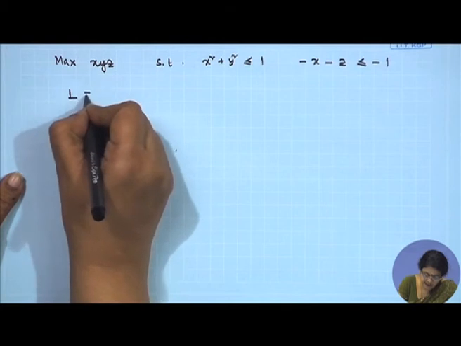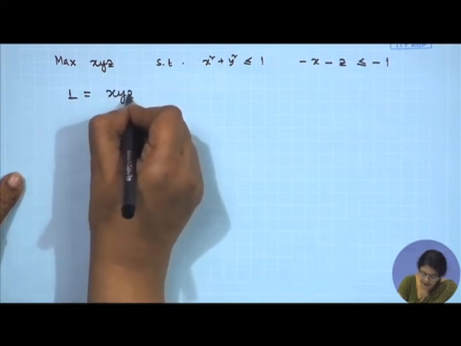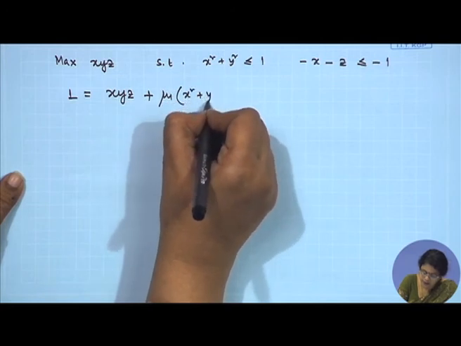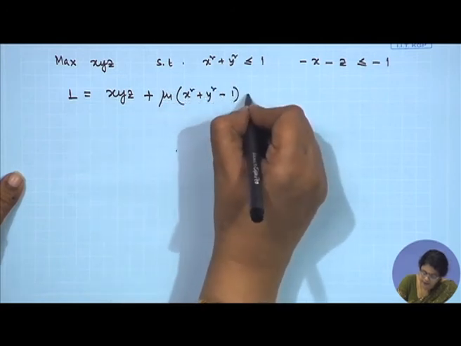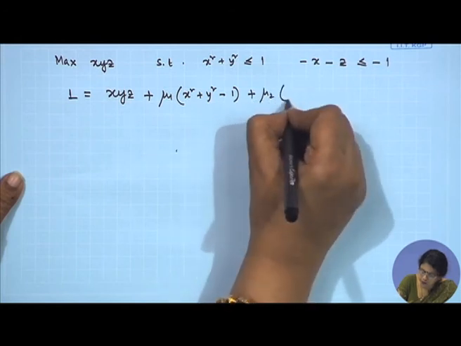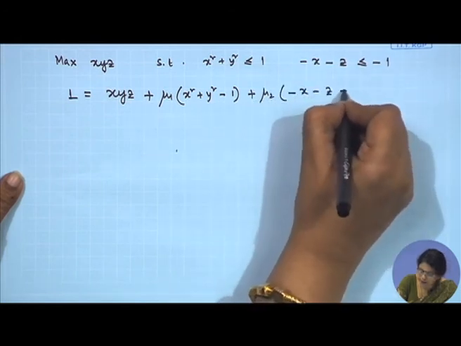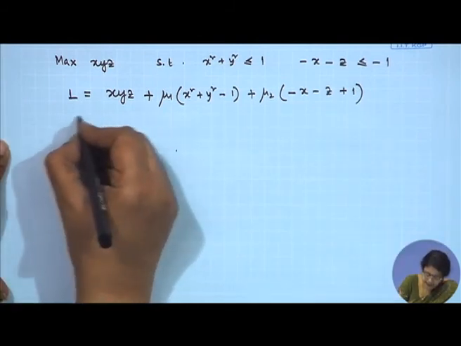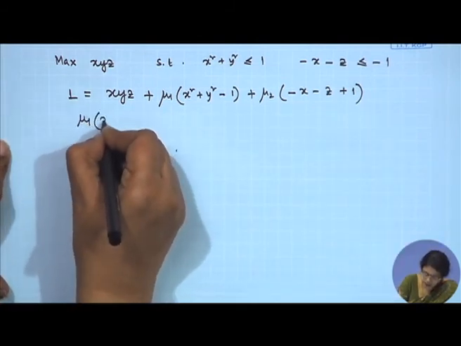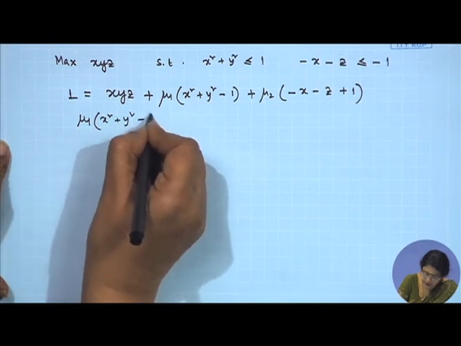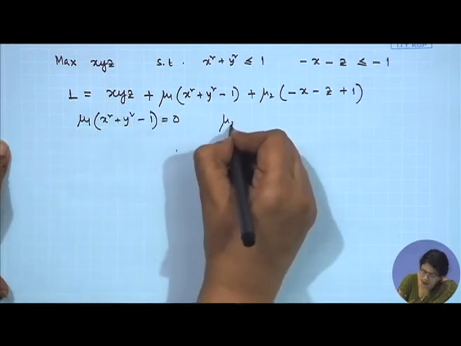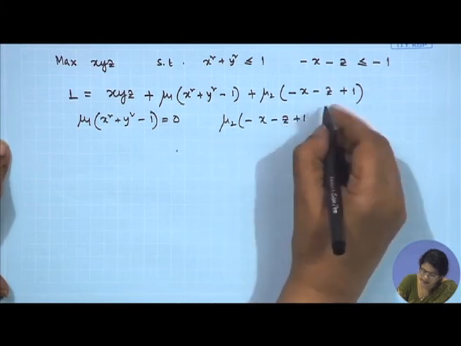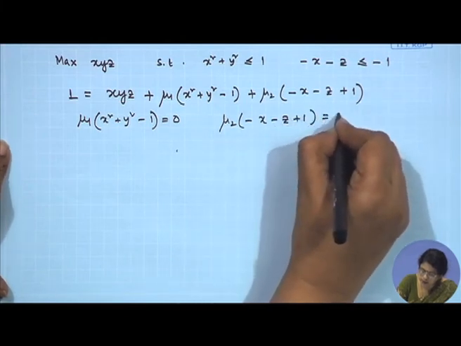Let us formulate the Lagrange function: xyz plus mu 1 times (x square plus y square minus 1) plus mu 2 times (minus x minus z plus 1). All right. What else we can say? We can say mu 1 times (x square plus y square minus 1) is equal to 0, mu 2 times (minus x minus z plus 1) is equal to 0.